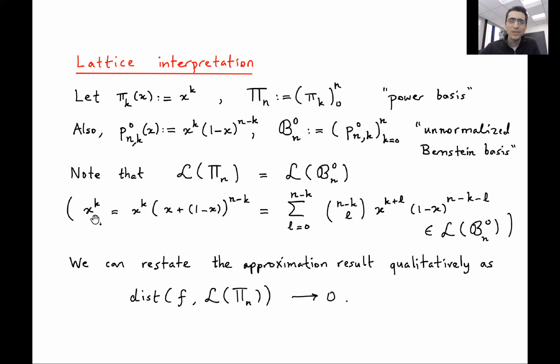We can write x to the k, doing the same trick, as x to the k times 1, written in this form, expanding it out, and then interpreting this as an integer combination of the p and k zeros. So the two lists of vectors have the same integer span, so they generate the same lattice.